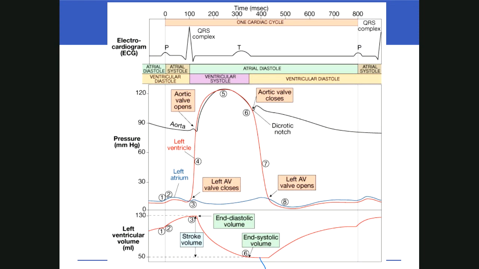This is the end systolic volume, or the ESV. And if you look at what those words mean, look, it's the amount of blood at the very end of contraction. And that's as empty as the heart is going to get during this beat.